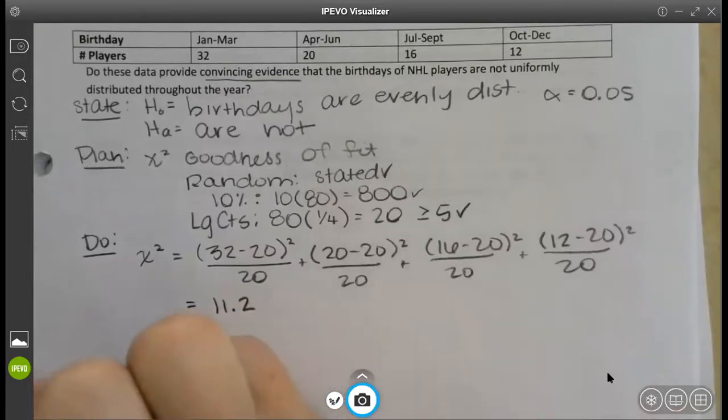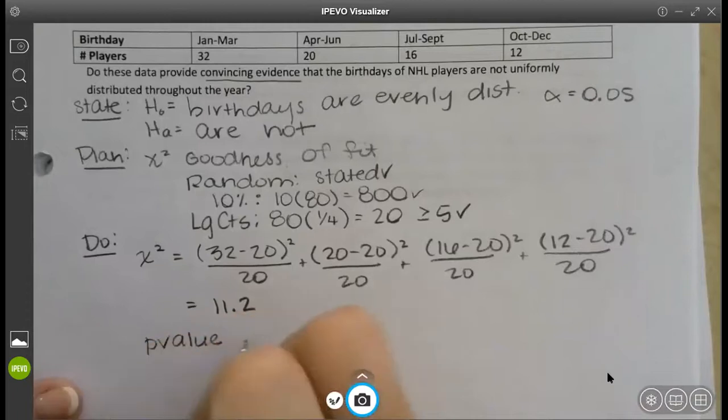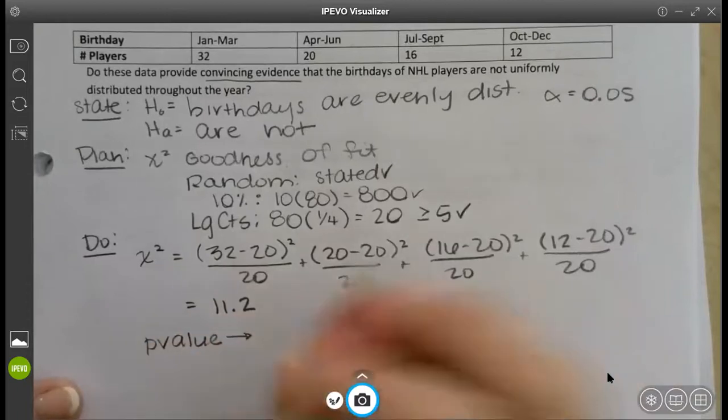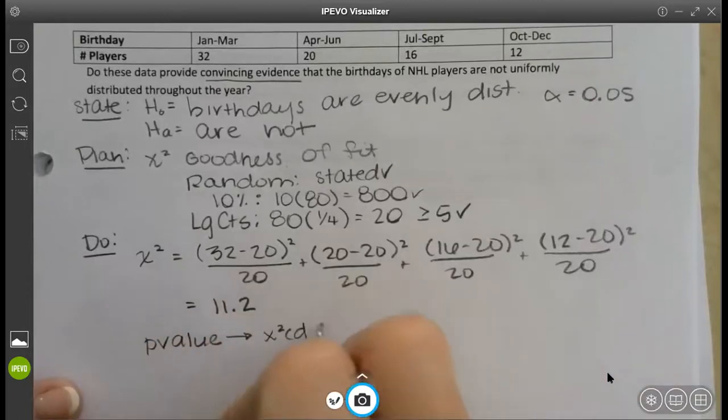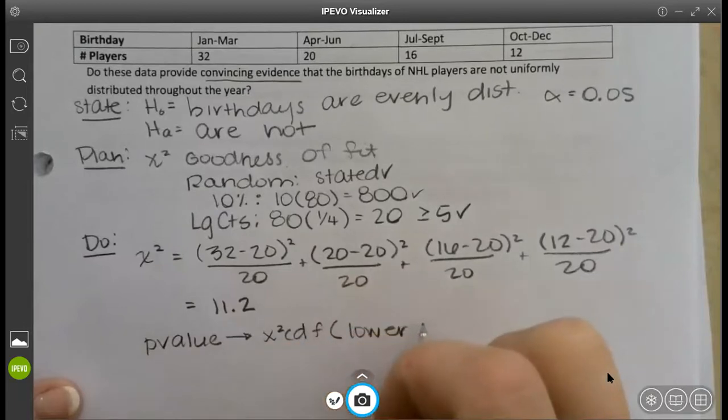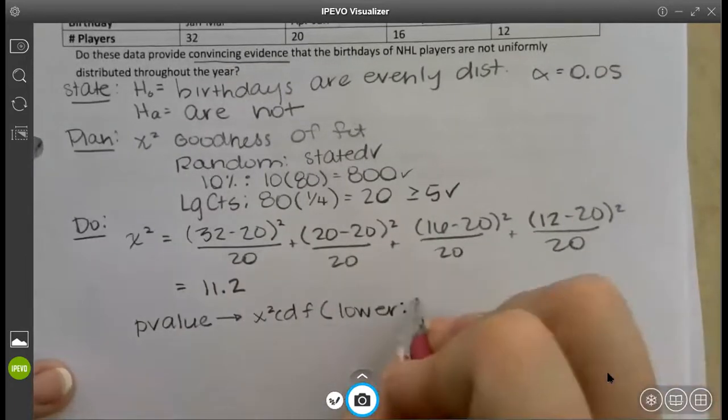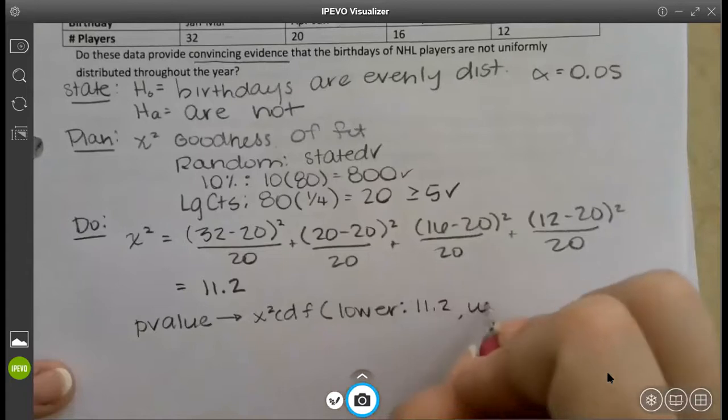How do I find the p-value? The chi-square CDF. What's your lower gonna be? 11.2. Your upper?